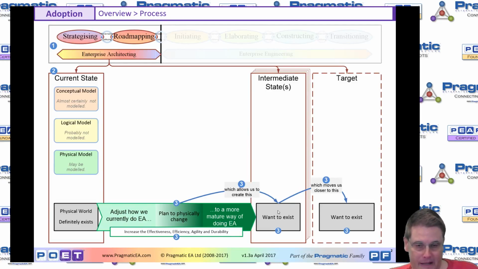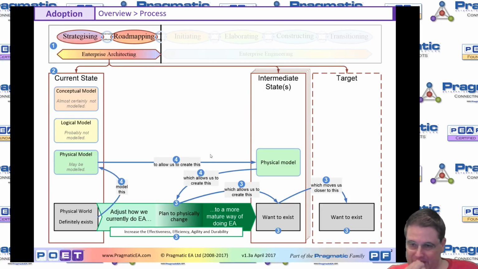We need to think about what these states are. So as with anything else, before we start changing what people actually do and how they do it, we want to model that. So we want to create a physical model, an intermediate state physical model of our first step to maturing enterprise architecture.